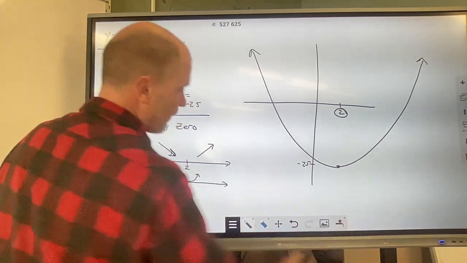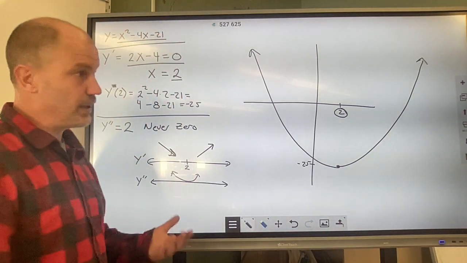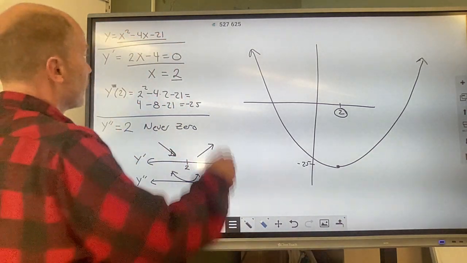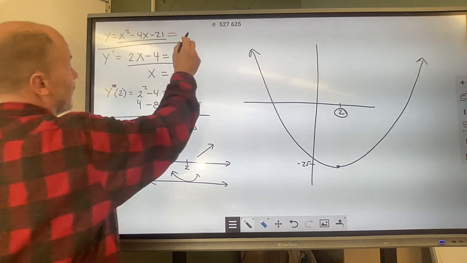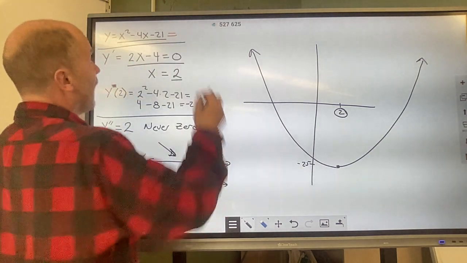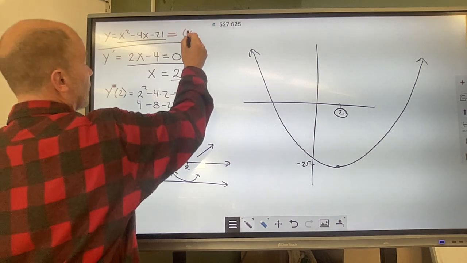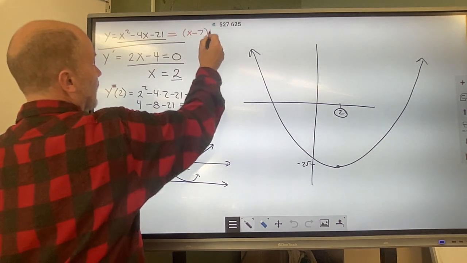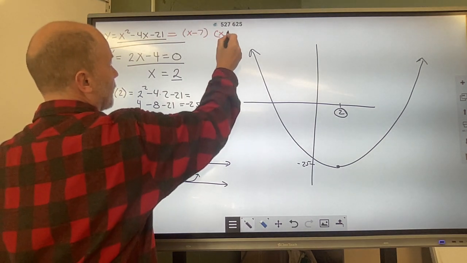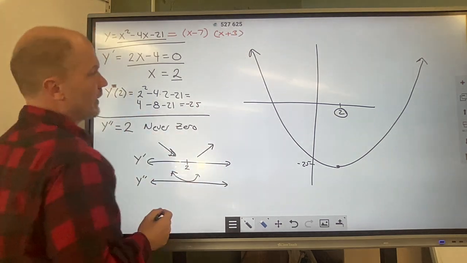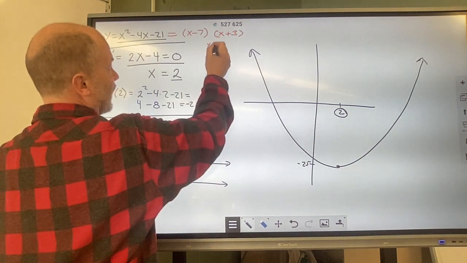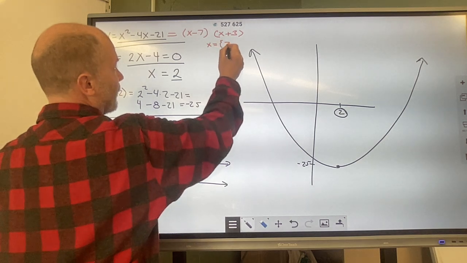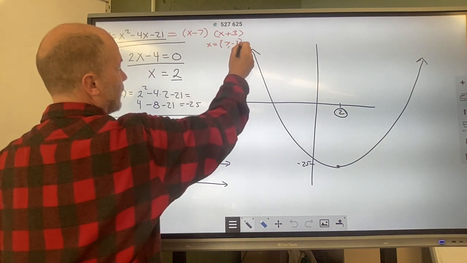And just to finish this off, just to show how it's still working. Remember, if I were to graph this, I would have factored it the old way. I would have factored this and gone x minus 7, x plus 3, and then I would have realized, oh, I've got zeros at x equals 7 and negative 3.